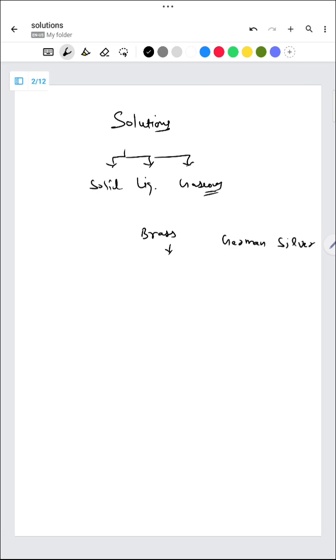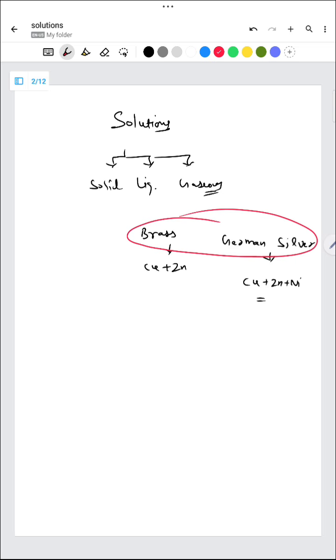Brass is an alloy of copper plus zinc, and German silver is an alloy of copper plus zinc plus nickel. And there is a difference between the properties of these two alloys.